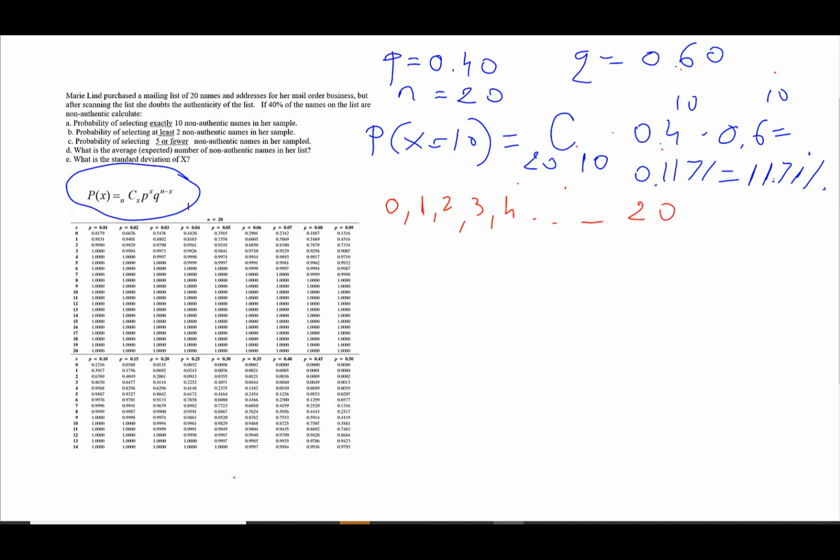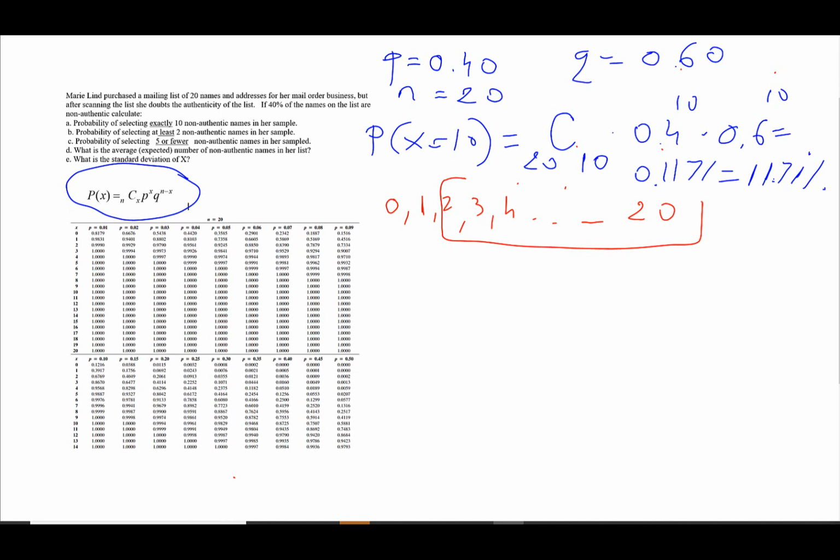If I need to select at least 2, that means it can be 2 non-authentic names on the list, 3, 4, 5, 6, 7, up to 20 inclusive. So too many probabilities to calculate. But we know that the total probability for a probability distribution is 1. So if we subtract from 1 the probability to have 0 non-authentic names or 1, we have the probability to select at least 2 non-authentic names.